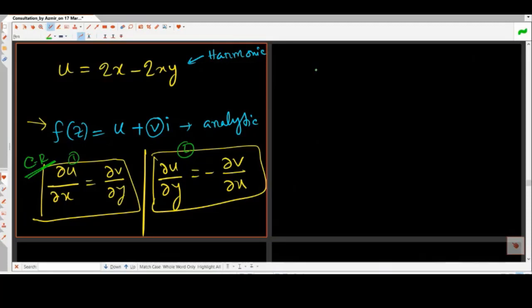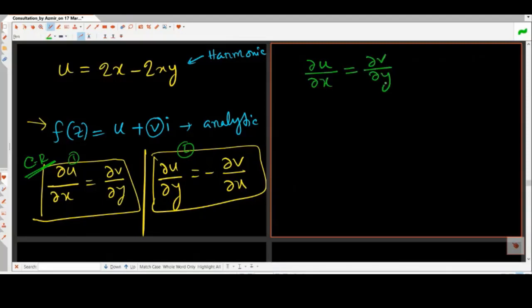So from the first equation, we can see that we have du dx equals dv dy. This is the Cauchy-Riemann first equation. So what is du dx?